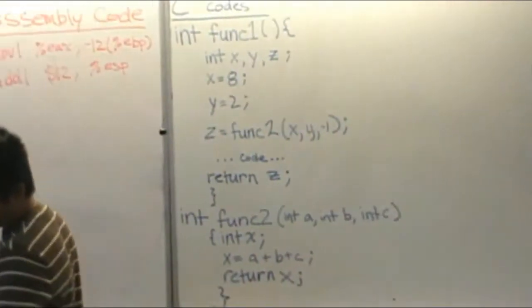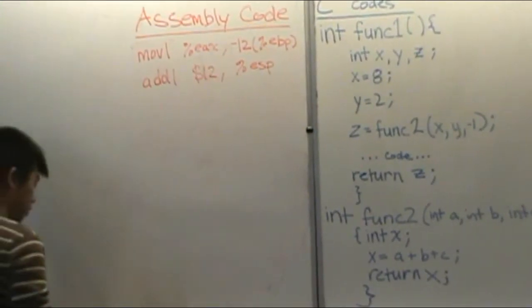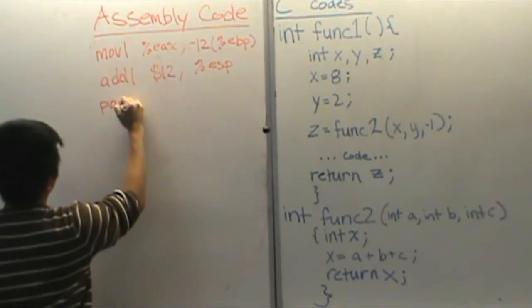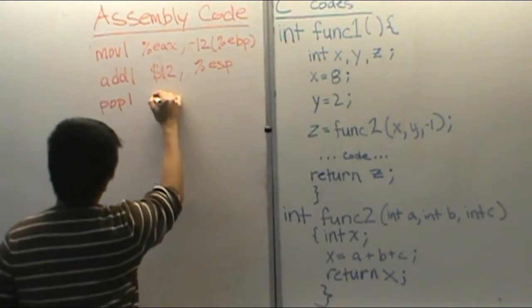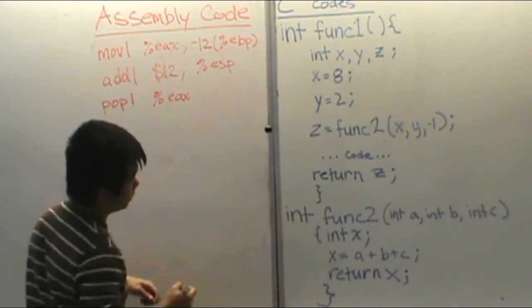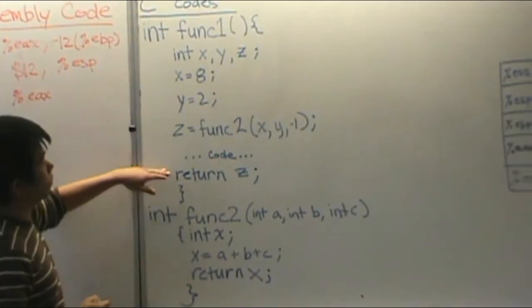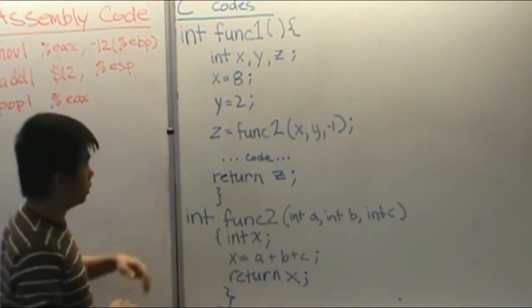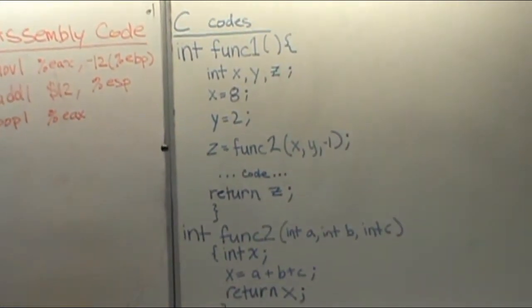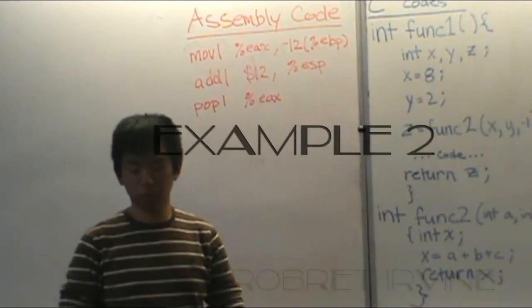And then we pop the register EAX to return Z back to the function before function 1. And that concludes the example from lab 6.